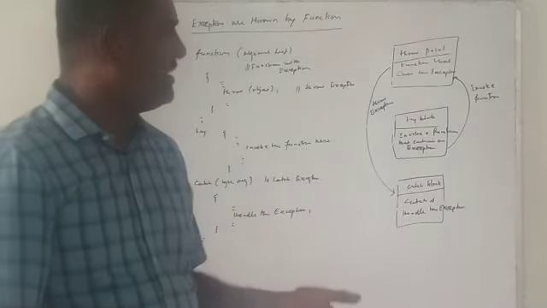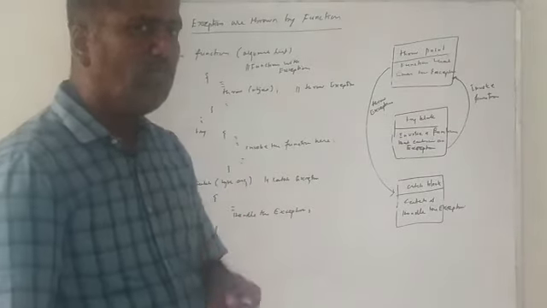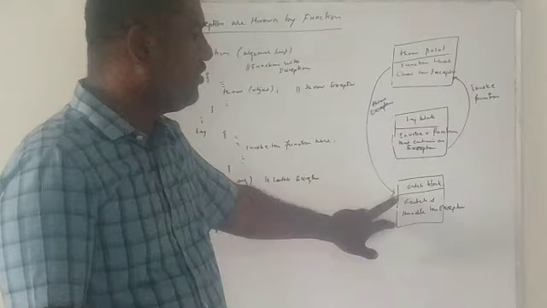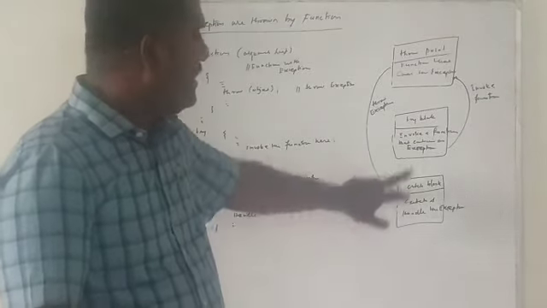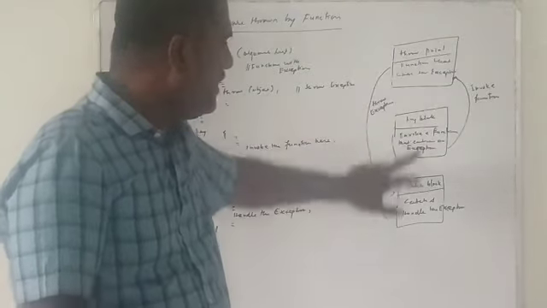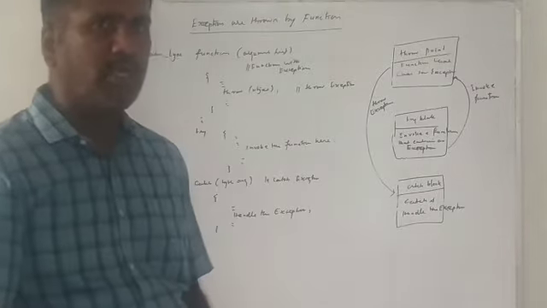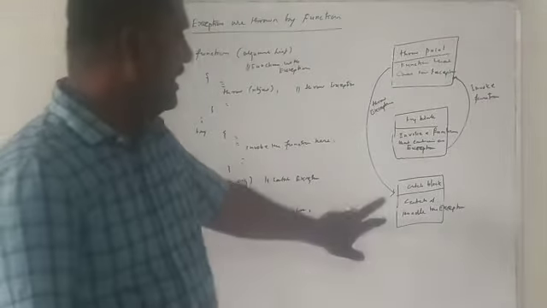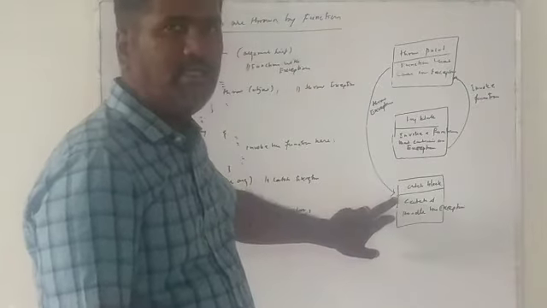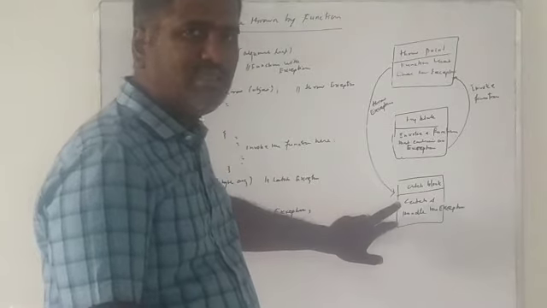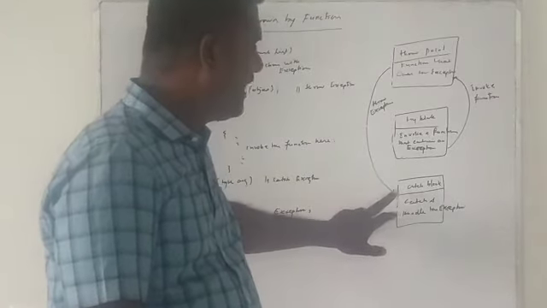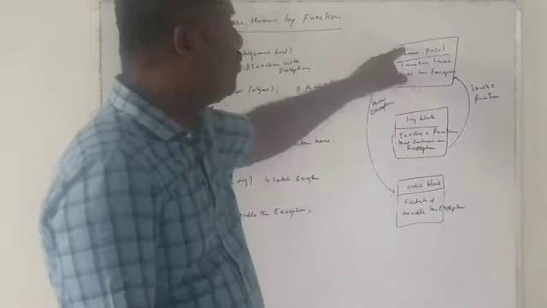In previous examples we had only two blocks: the try block and the catch block. Here we have the throw point and the catch block. Once the catch block is completed, the program cannot return to the throw point.